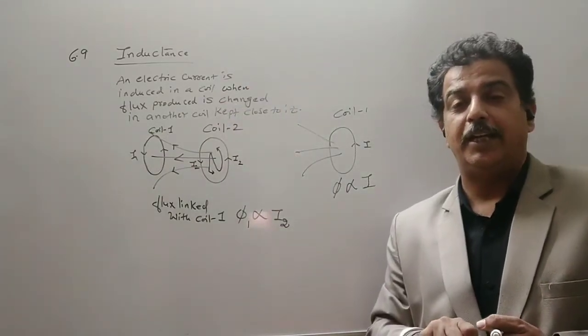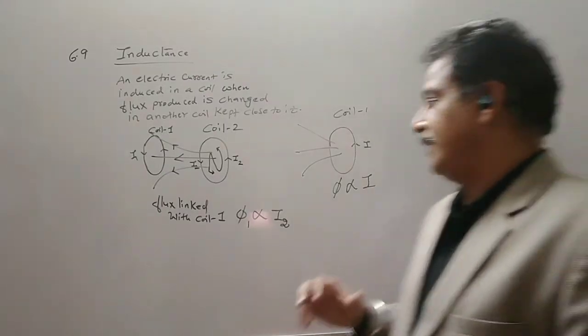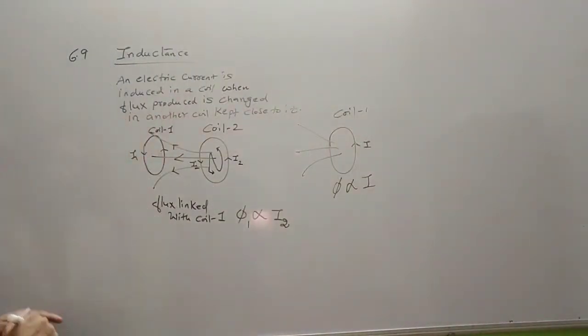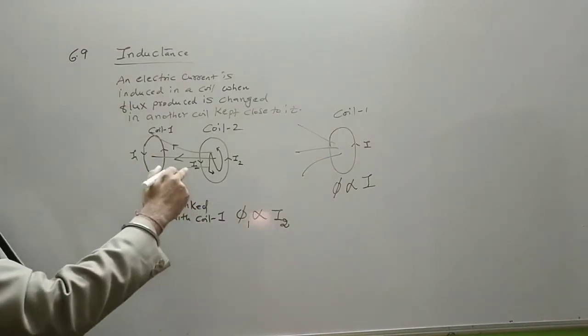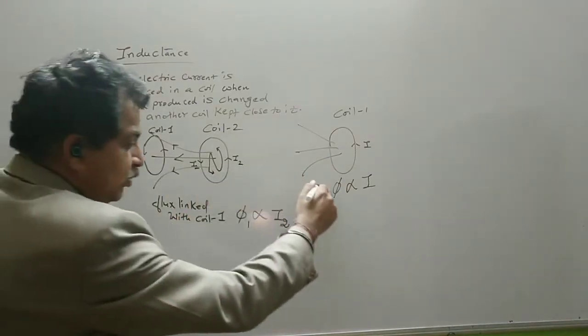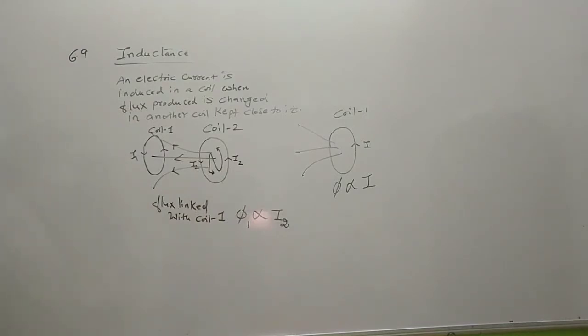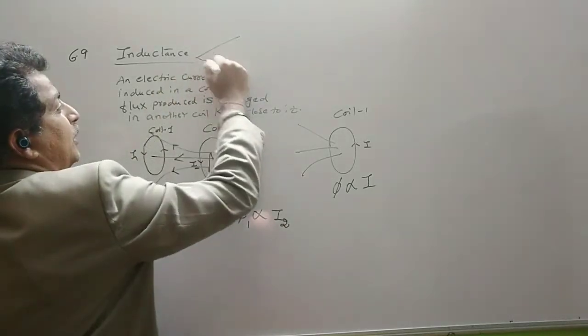It has been found in both cases. So in the coming days, we will call this mutual inductance, and this will be referred to as self-inductance. Mutual inductance and self-inductance. So we have two parts for this.